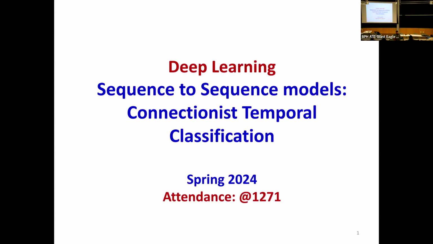All right, we're going to continue with our series on recurrent neural networks. I'll wait for you to settle down, all of you guys. The attendance poll is 1271, right? The class is hopefully empty.